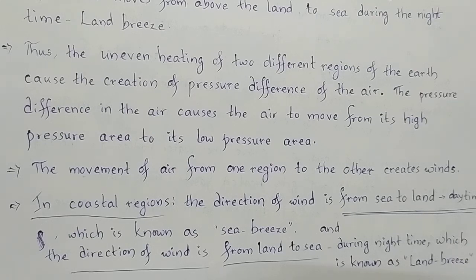In coastal regions, the direction of wind is from sea to land during the daytime, which is known as sea breeze, and the direction of the wind is from land to sea during the night time, which is known as land breeze. Right? We'll discuss the remaining things in the next class.